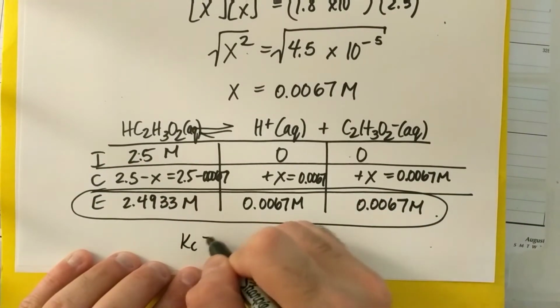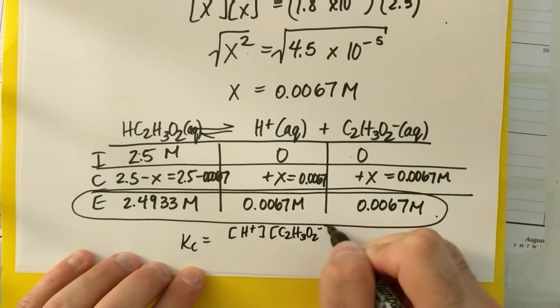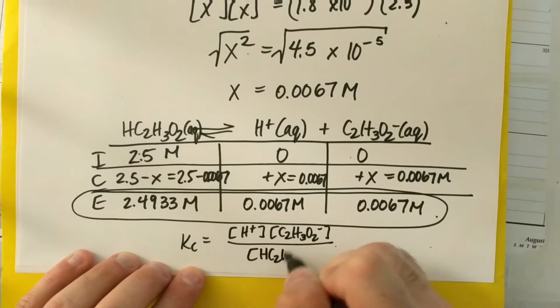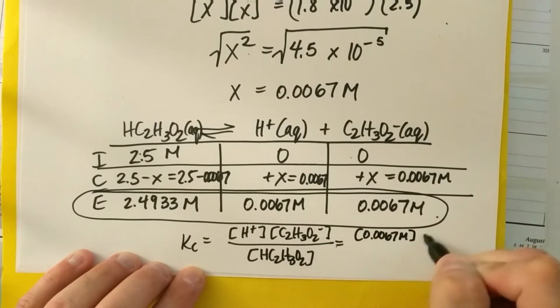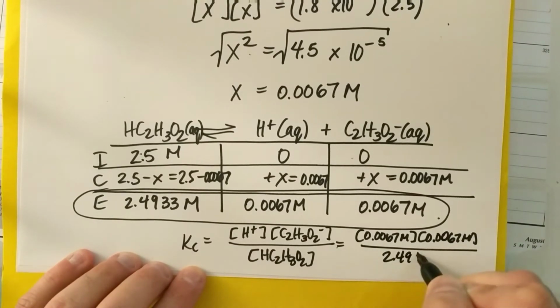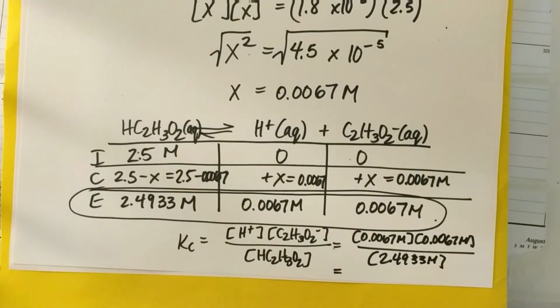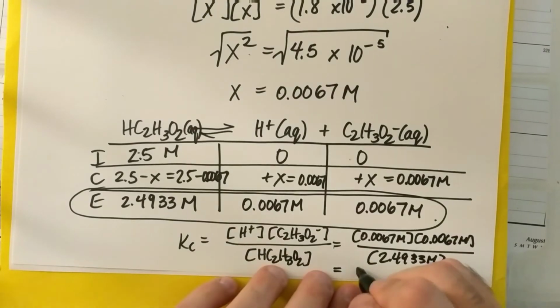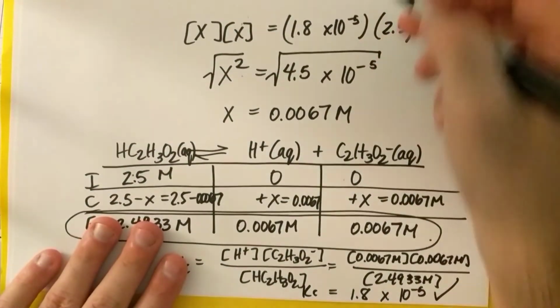So Kc should be concentration of H plus, concentration of C2H3O2 minus, all over the concentration of HC2H3O2. If I plug in these values, 0.0067 times 0.0067, and I divide by 2.4933, I get 1.8 times 10 to the minus fifth, which is my Kc that I had earlier.